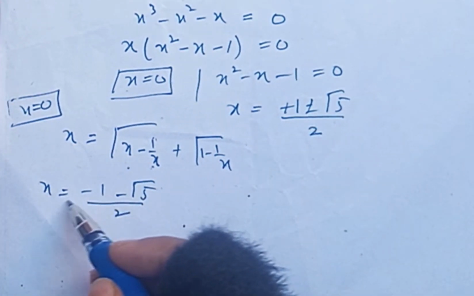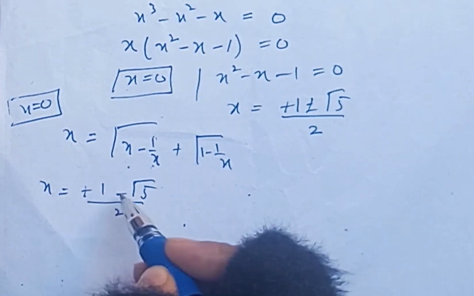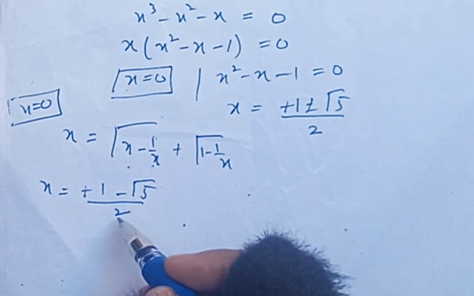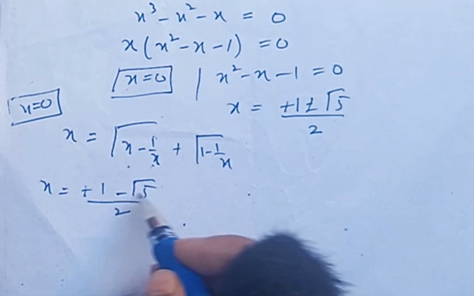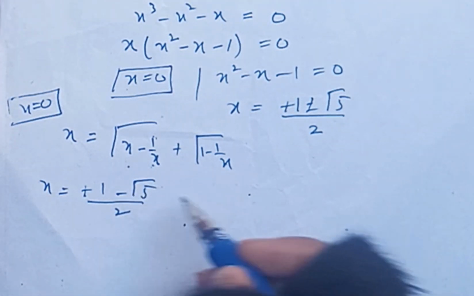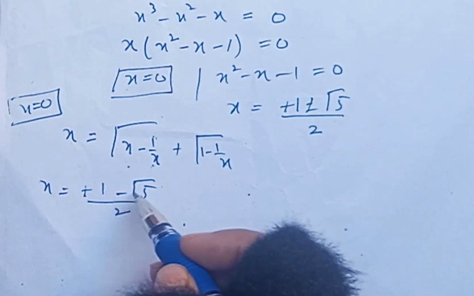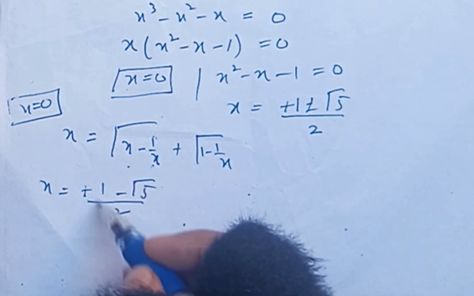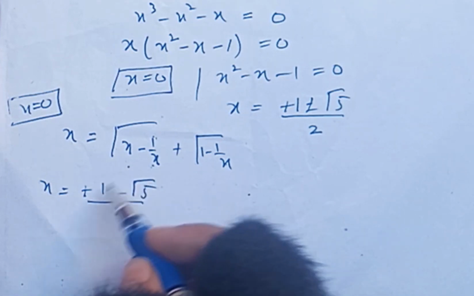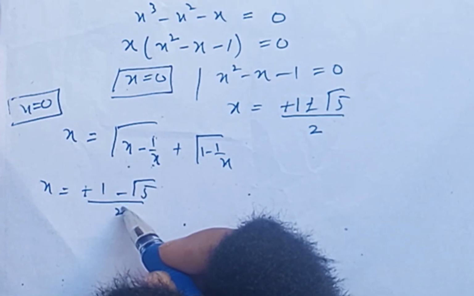So now check for x equal to (1 minus square root 5) over 2, and the square root of 5 is obviously a number which is greater than 1. So 1 minus a number greater than 1 is negative. So we divide this negative number by 2. So this whole expression will give us a negative number.